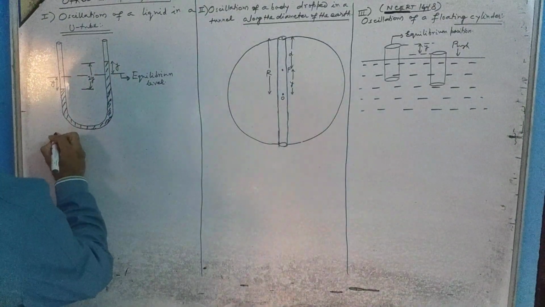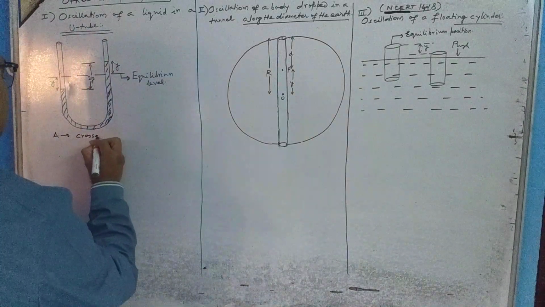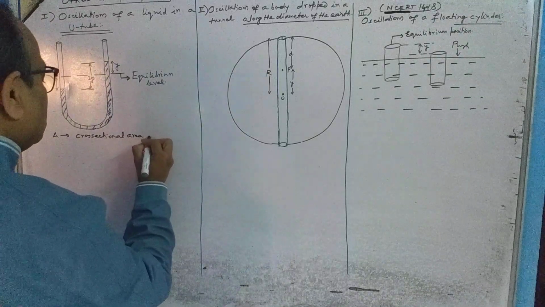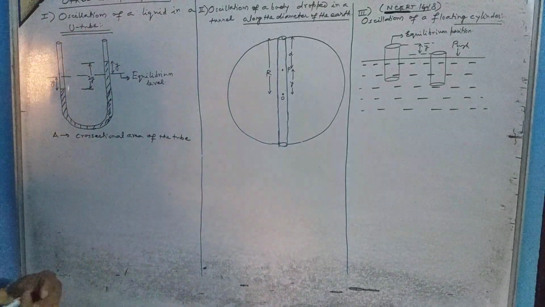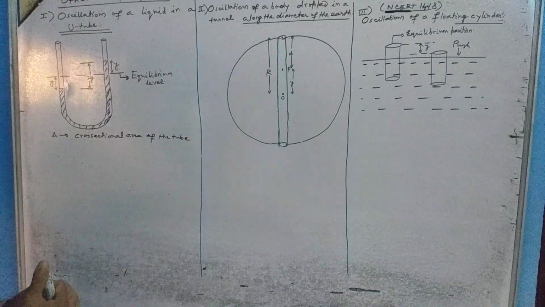Suppose I say capital A is the cross sectional area of the tube, that is uniform. Now, what is the situation?